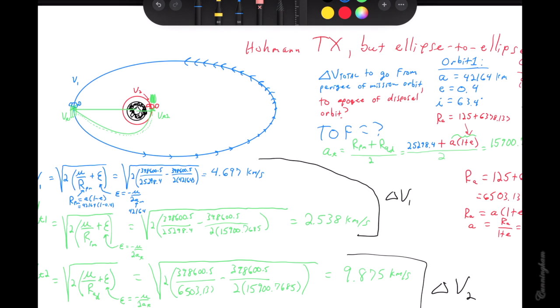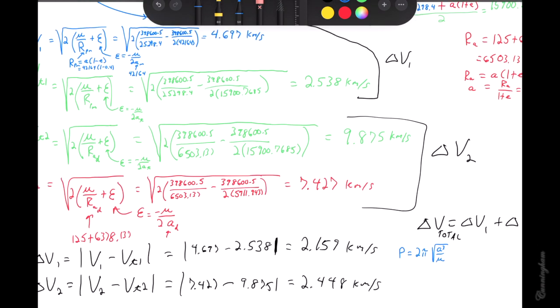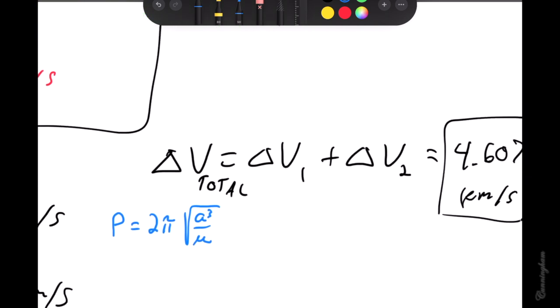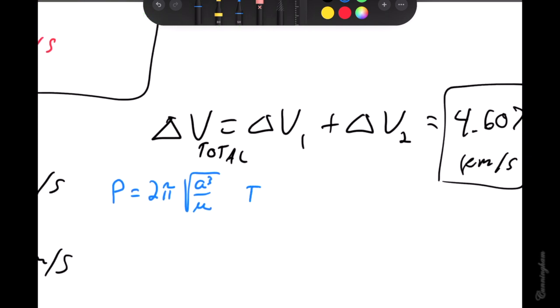And that's only half an orbit, unless the thrusters don't fire on the second burn, and then you're kind of stuck in that transfer orbit forever. But let's say everything went correctly. So when everything goes correctly, your time of flight for a Hohmann transfer is half of a full period.